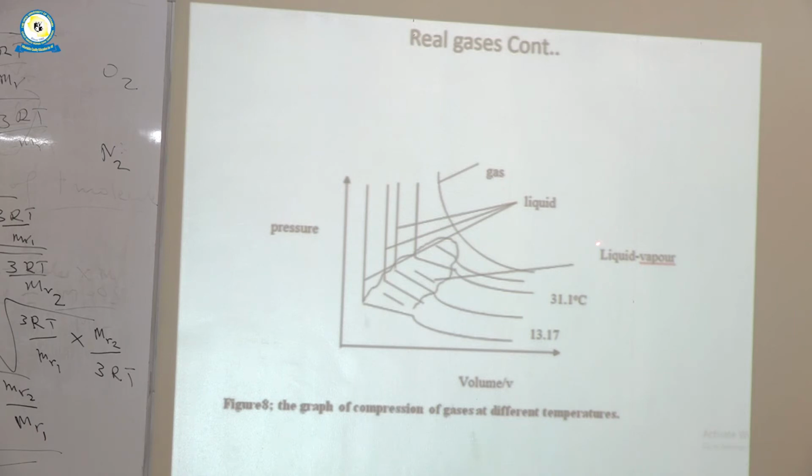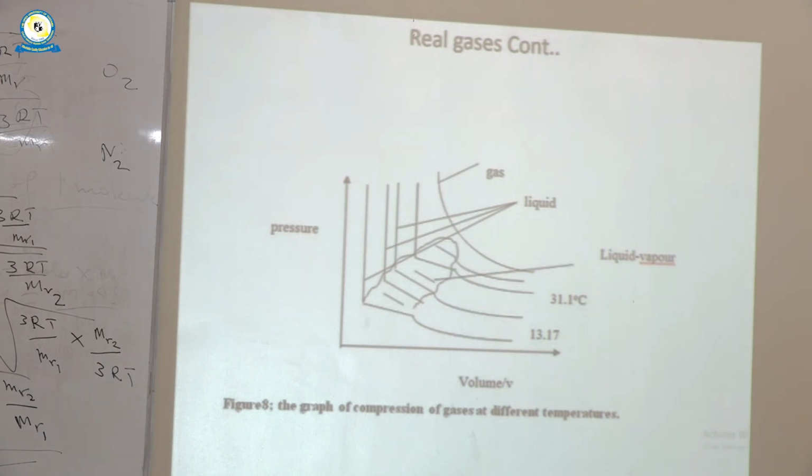But at a very high temperature, and of course that is where we said that most gases show ideal gas behavior at a very high temperature, so there is a good isothermal, a parabolic graph like that one.